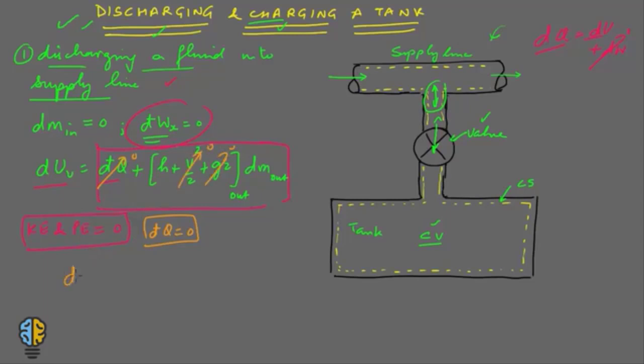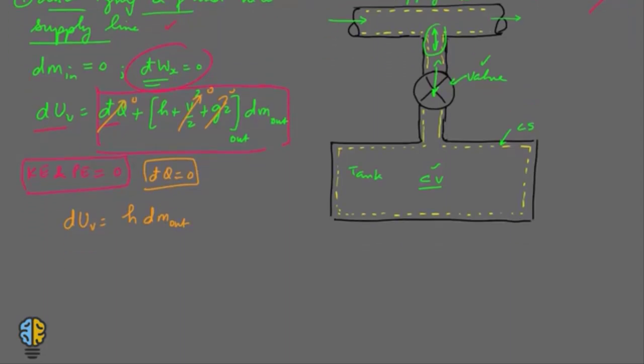So you are left with dUv is equal to h into dm out. This is what you are left with. Now this is the total internal energy of the control volume. The specific internal energy is small u, and if you multiply this with the mass, you get the total energy. So this is in terms of specific quantities.